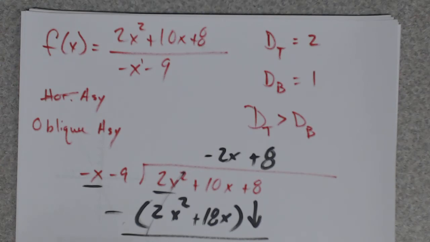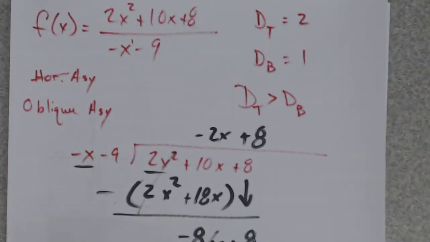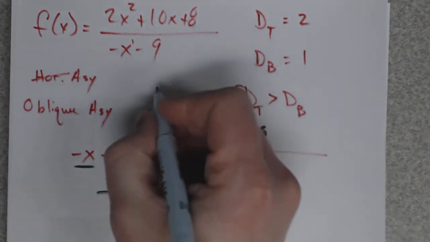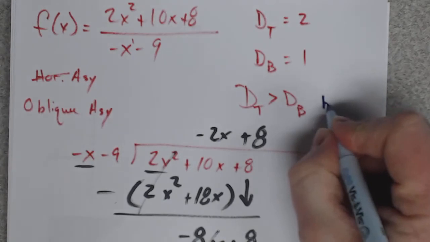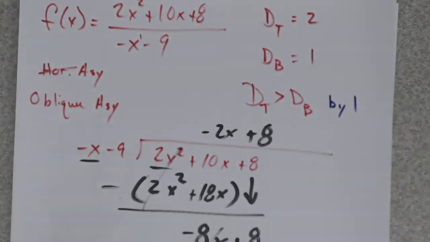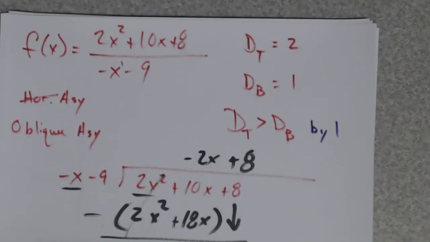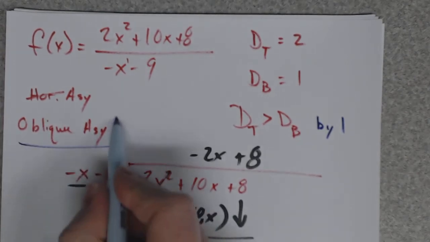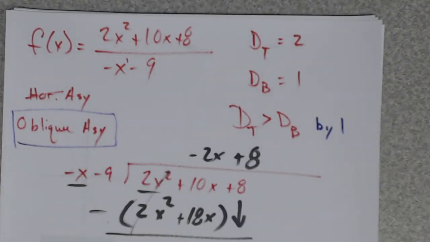I should have said that at the beginning: when the degree of the top is bigger than the bottom by 1, you use your long division. That's when it's oblique.